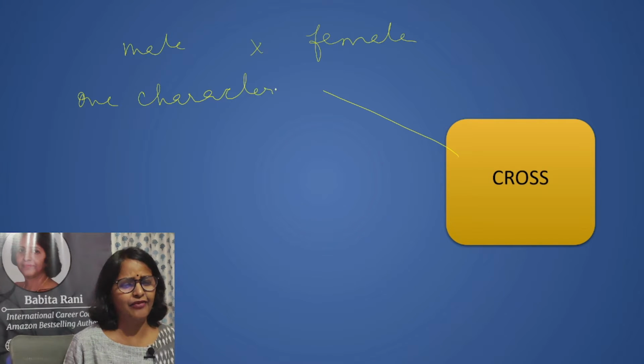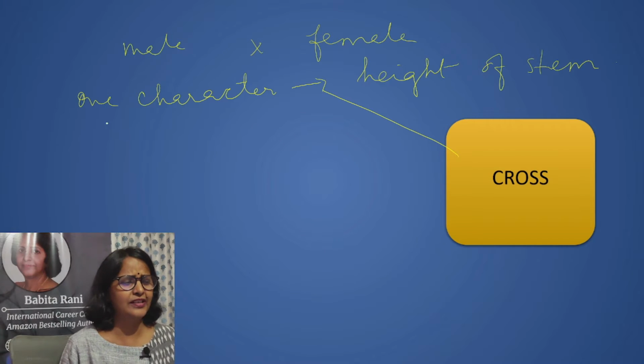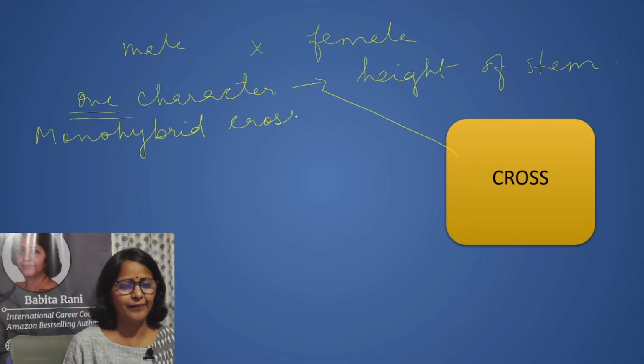One character, for example, height of stem. So this type of cross, where we study only one character, is known as monohybrid cross. Mono means one.